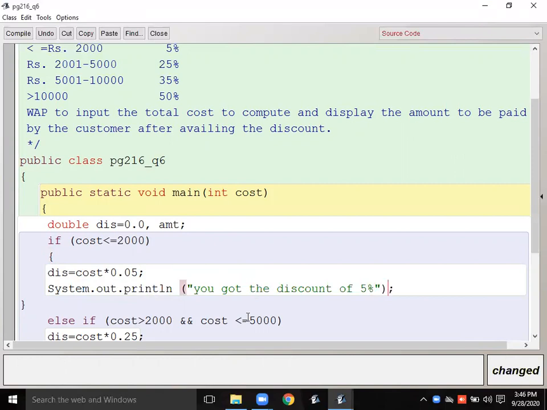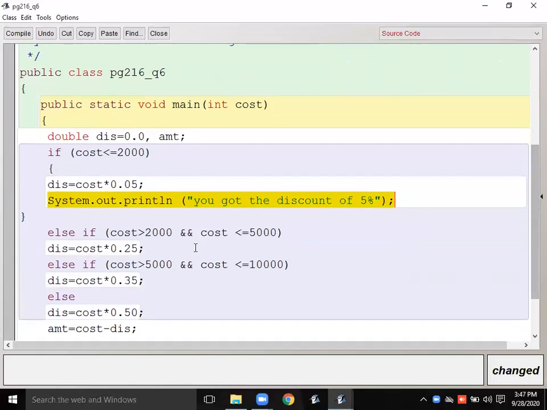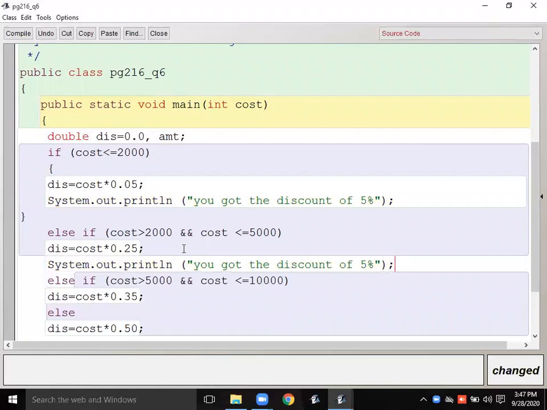Okay, but you have to calculate. Calculation is a must. If you are not writing this, then also it's okay. It is not given in the program that you display it. Okay, but if you want to display that, you can do that also. But see what you have to keep in mind.